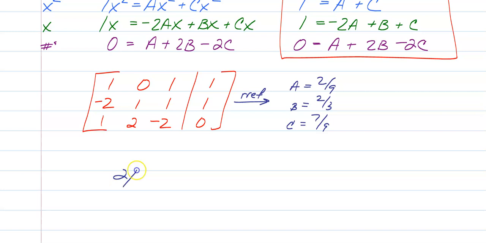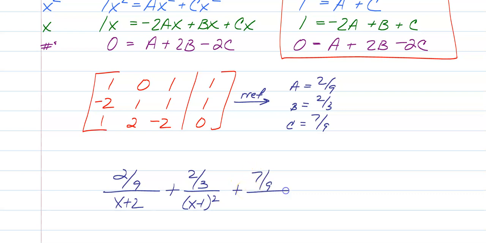A is 2/9 over x plus 2. Then our b value is 2/3, so we have 2/3 over the x minus 1 squared, plus c, which is 7/9 over just x minus 1. And that's it.